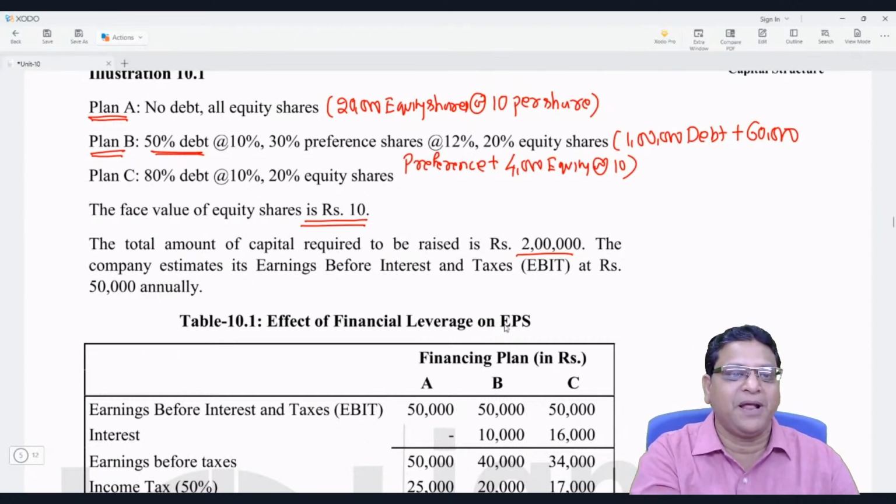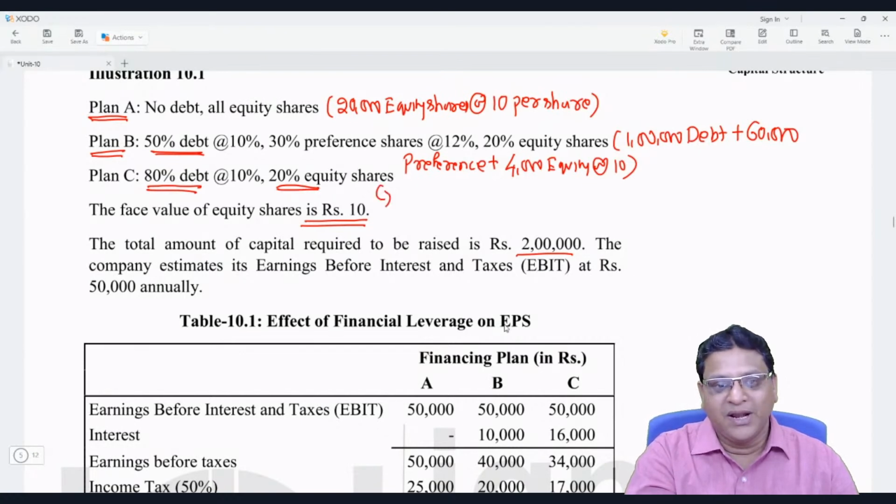And what is the third plan? The company will use 80% debt and 20% equity. What is 80% debt? 80% of 2 lakh is 1 lakh 60,000 debt, plus 20% equity. 20% equity means 40,000 equity, that is equal to 4,000 equity shares at the rate of rupees 10.